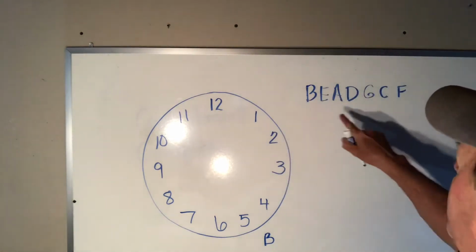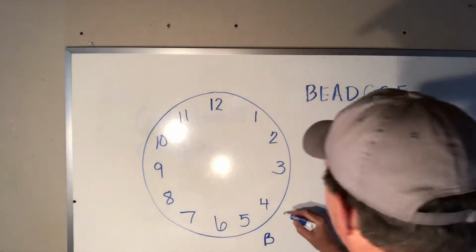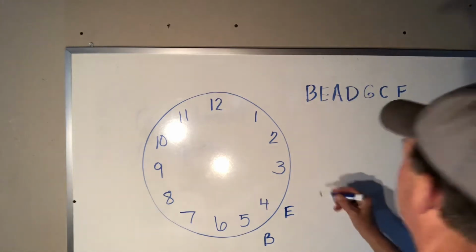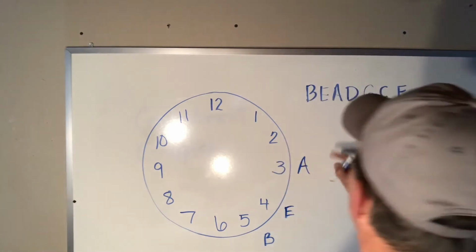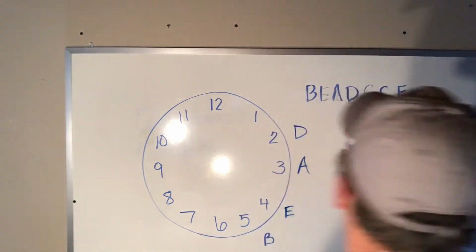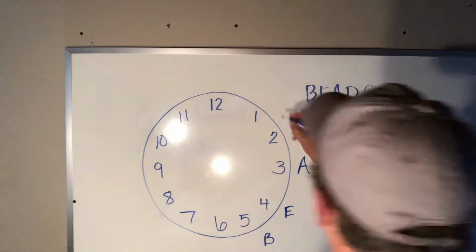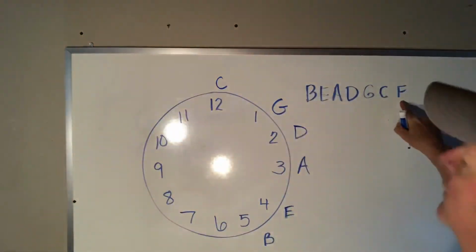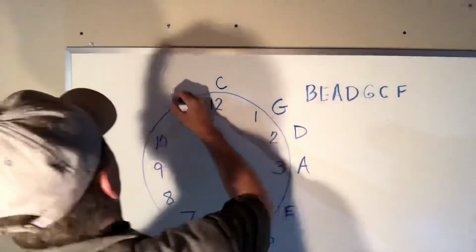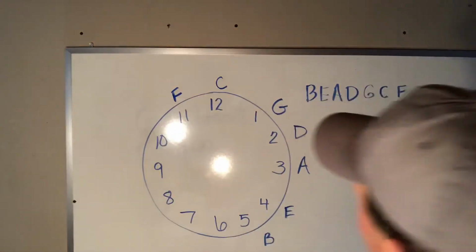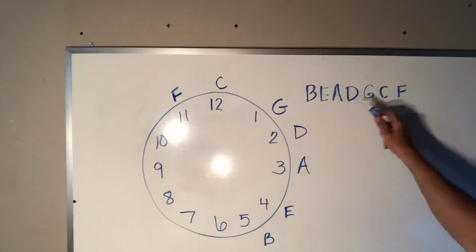And then at 4 o'clock, we're going to put an E. And at 3 o'clock, we're going to put an A. At 2 o'clock, we're going to put a D. At 1 o'clock, we're going to put a G. At 12 o'clock, we're going to put a C. And at 11 o'clock, we're going to put an F. So now we have B-E-A-D-G-C-F.